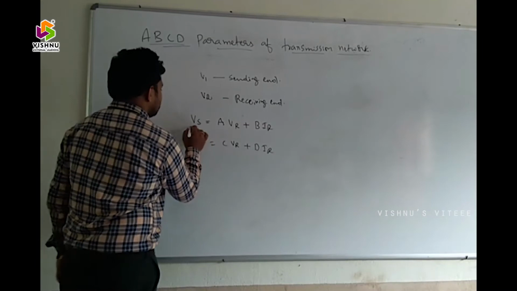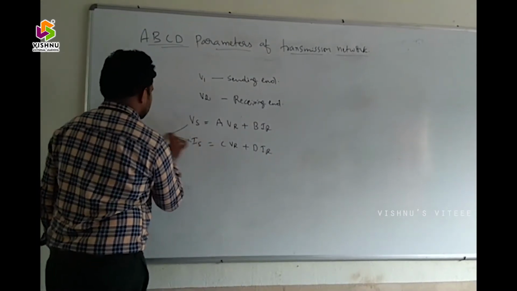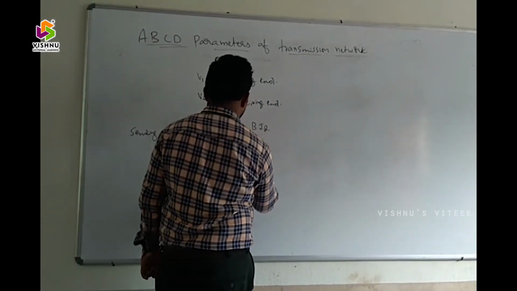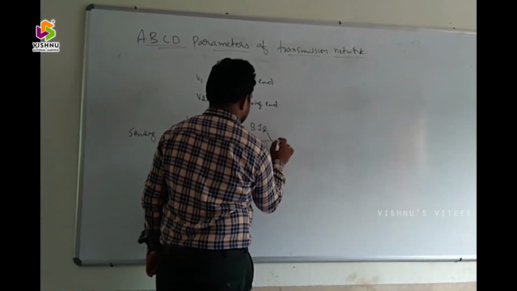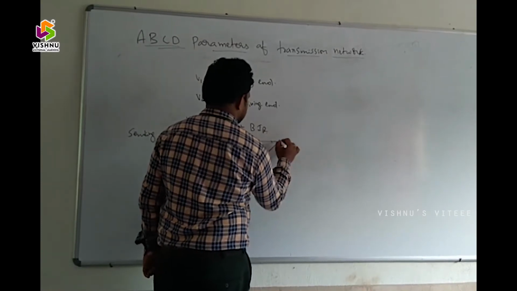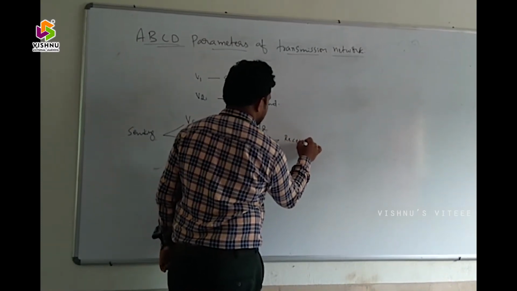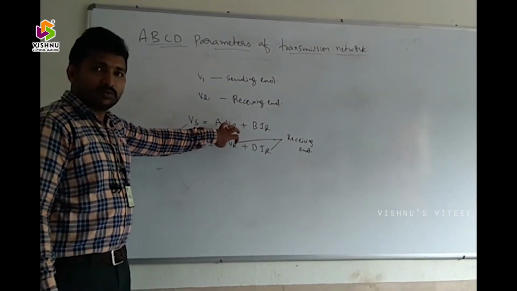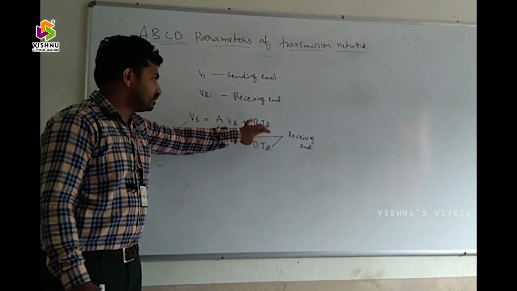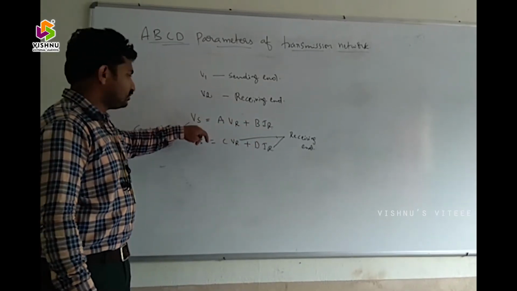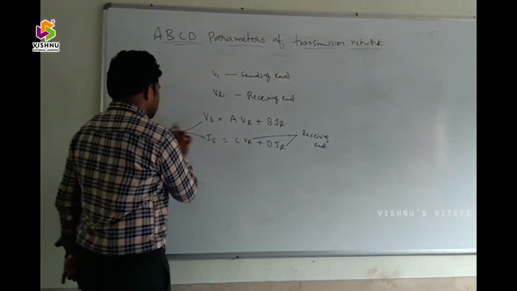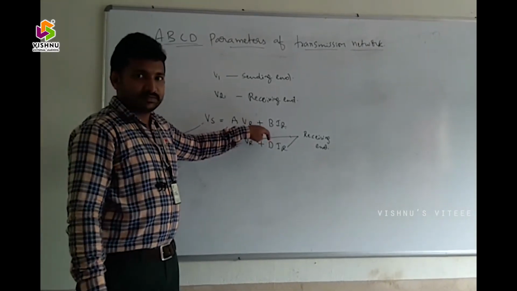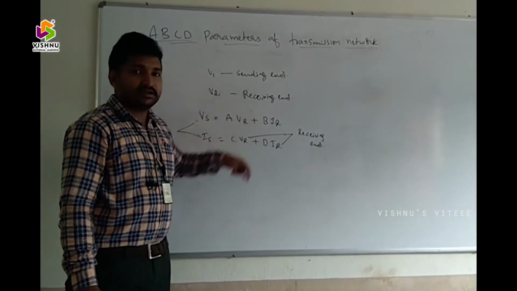These two are sending end side, and these two are receiving end. Usually we know the receiving end voltage and current. We don't know the values of the sending end voltage and current, so these are dependent, and VR and IR are independent.